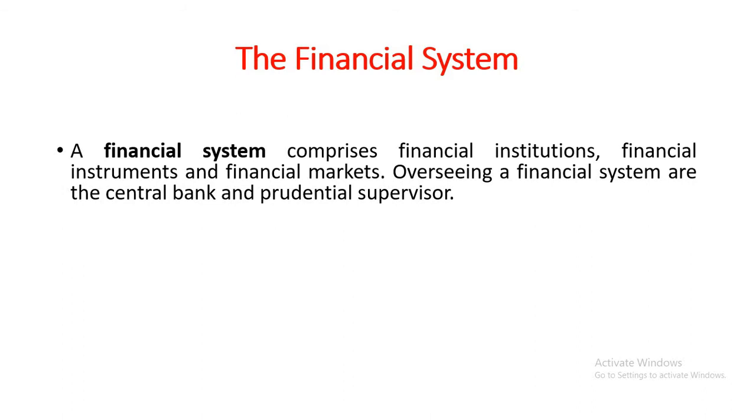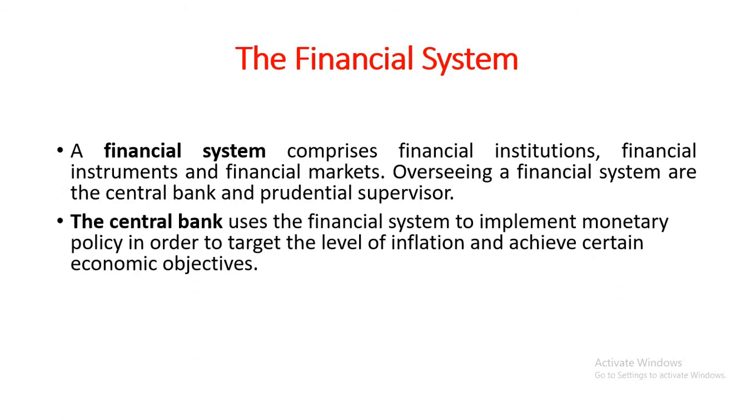In a financial system, the central bank is the main regulator. In the meantime, the central bank uses the financial system to implement its monetary policy. That means with the help of the financial system, the central bank can control its money supply, interest rate, and so on.